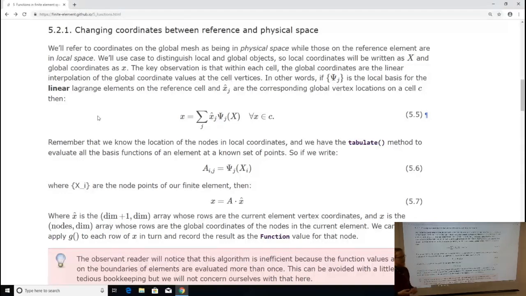And typically, we use case to distinguish the objects in one and the other. So the local coordinates are big X, and the global coordinates are little x. I realize that seems like a reverse convention. It's not my convention. I'm not quite sure why the big space has little letters and the little space has big letters, but that is what quite a lot of the literature in finite elements does. So we are not going to invent our own convention for the hell of it.